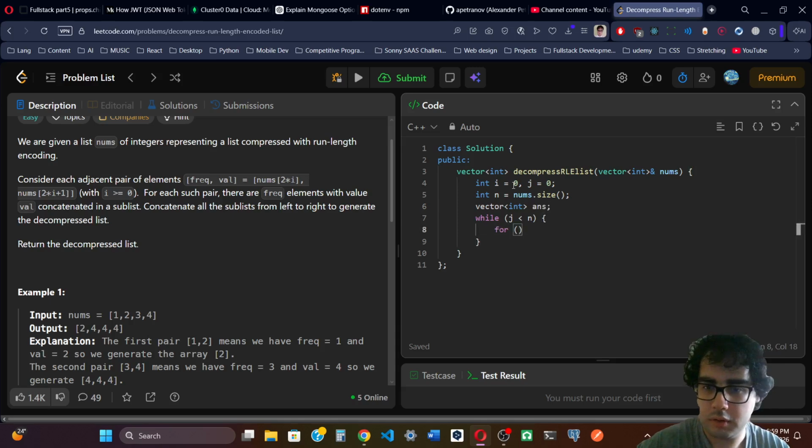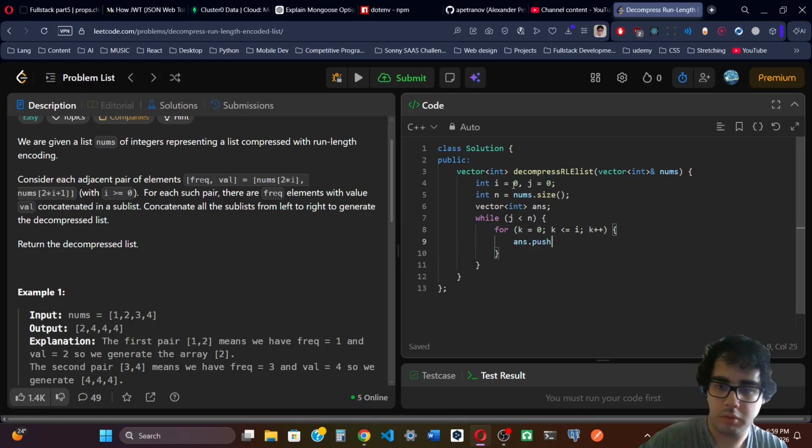So for k = 0, k less than or equal to I, k plus plus, we're gonna have another pushback nums of J. Alright. Then we're gonna do I plus equals 2 and J plus equals 2.